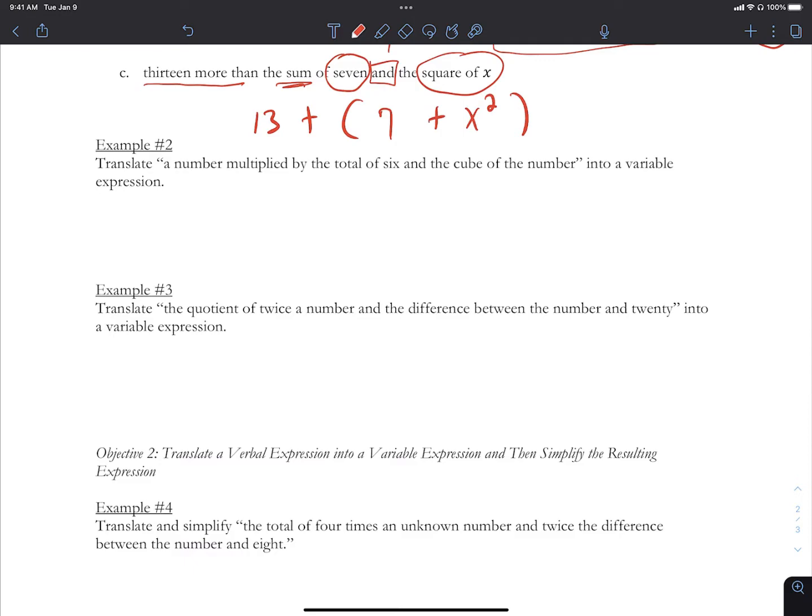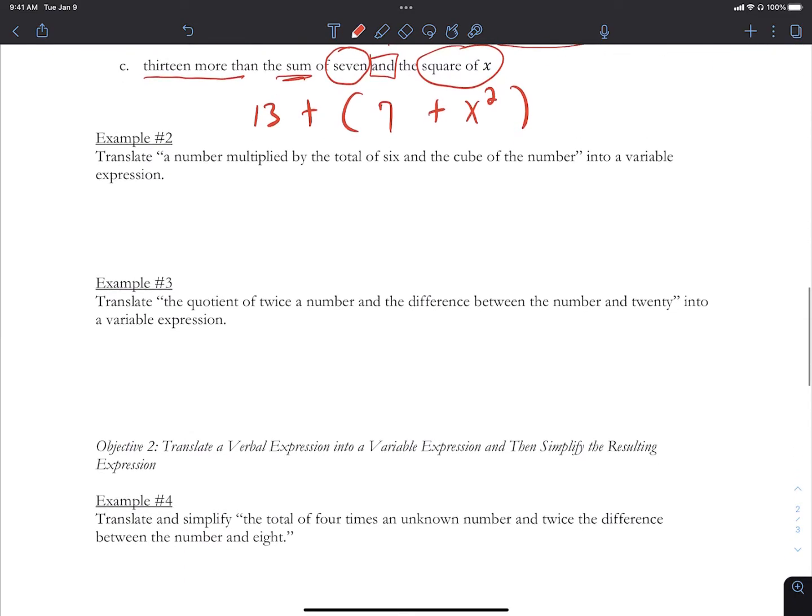Good. So now that we've had a little bit of practice with that, let's try some more of these. With examples 2 and 3, we're just told a number.